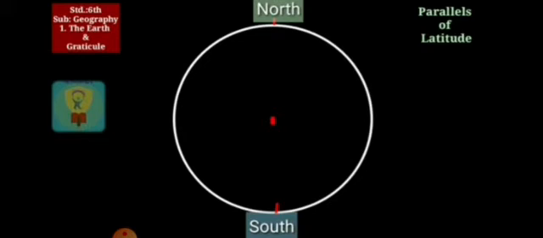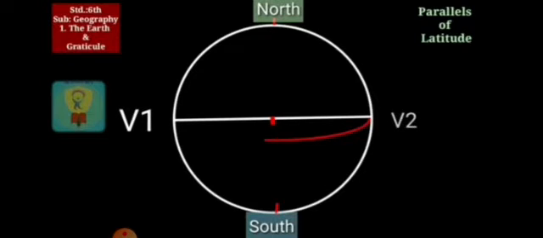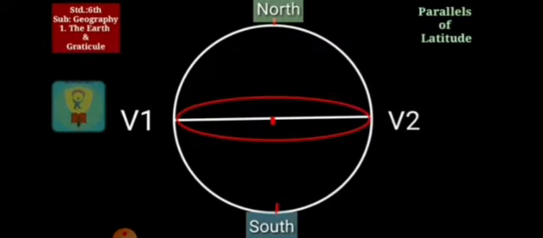Students, you need to follow the instructions as I draw the figure. In this figure, a circle is given. The circle is divided equally by the plane of the equator, that is V1 and V2, and X as the center of the circle.